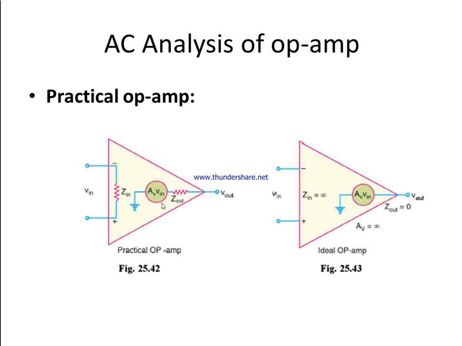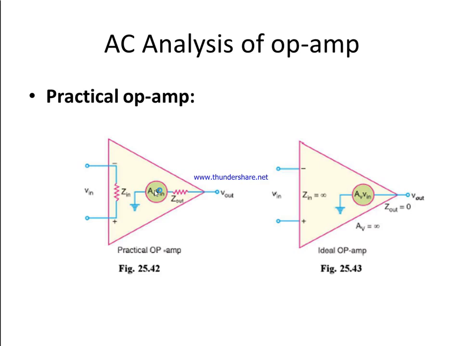Let's take each case. First one is AV, the voltage gain of a practical op-amp. It is very high. Voltage gain is V out by V in, output voltage divided by input voltage. Gain very high means V input can be very low, so an extremely small input voltage will produce a large output voltage V out.